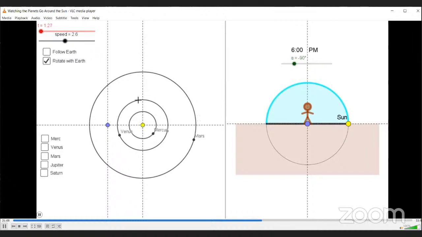Now, the interesting thing about this frame of reference is this is the frame of reference if you go out in the backyard and look up. So let's say we have the Earth fixed beneath our feet. That's why we have the Earth fixed. And if I went out every night at, say, sunset, here's the sun in the west, say going out at 6 p.m., and we're keeping the sun fixed just like we are here.